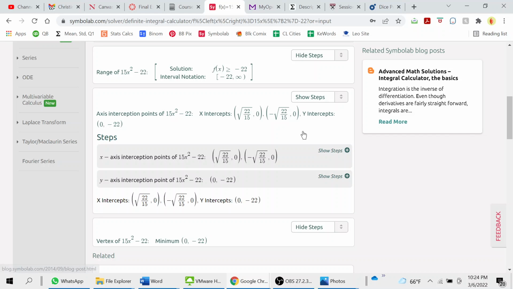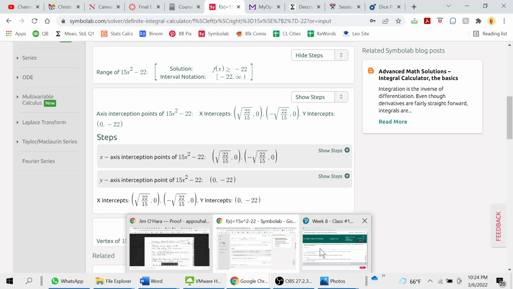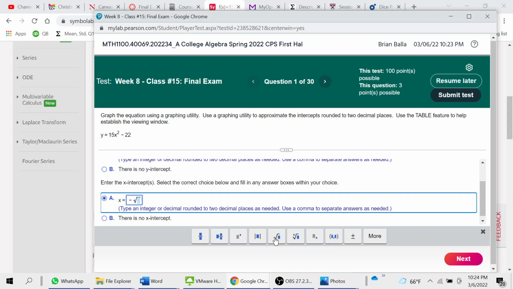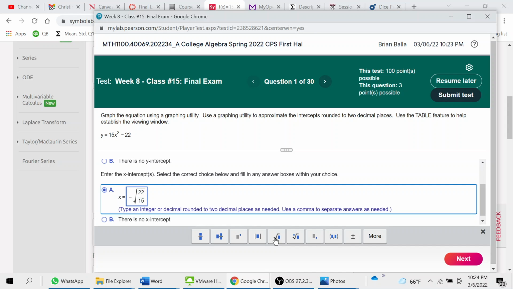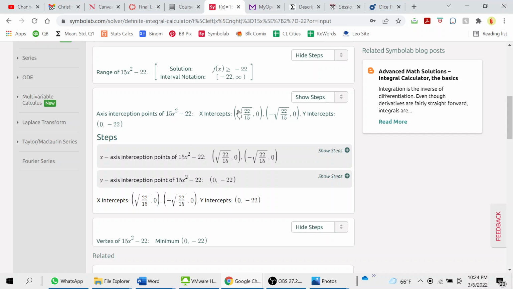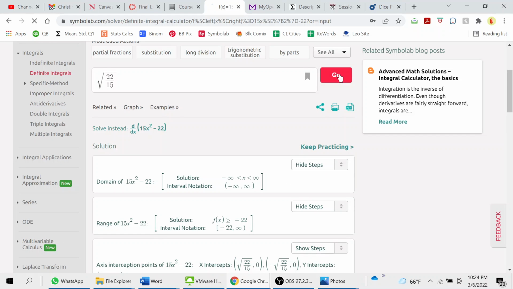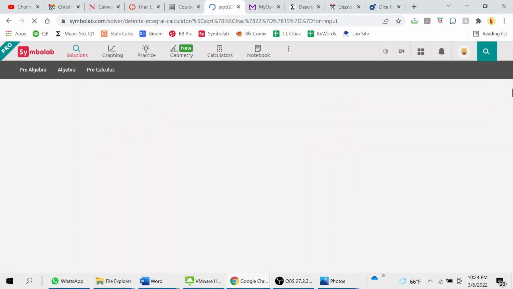The x-intercepts are square root of 22 over 15 and negative square root of 22 over 15. I think I should probably rationalize this denominator. Technically, I think rationalizing the denominator will prove to be correct.